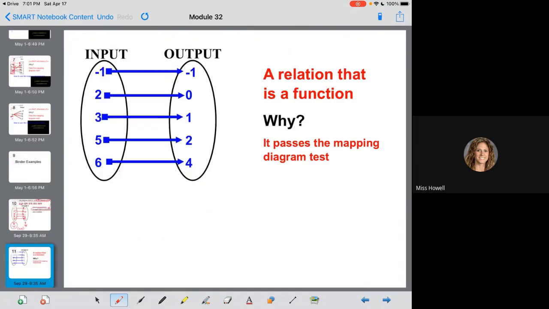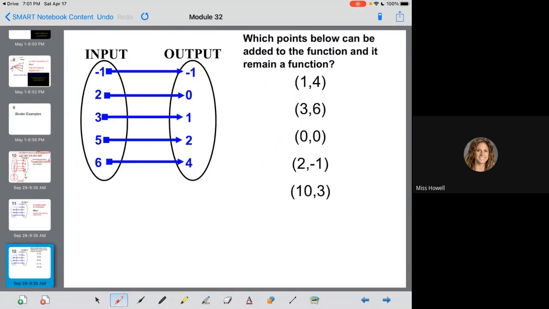All right, follow-up question. Which points that are listed below could be added to this function and it remain a function? So the thing I want to look at here is if I were to add these over here into my diagram, remember, I can only have one arrow coming off a number here. So when I'm looking at my x's, I can't have duplicated x's.